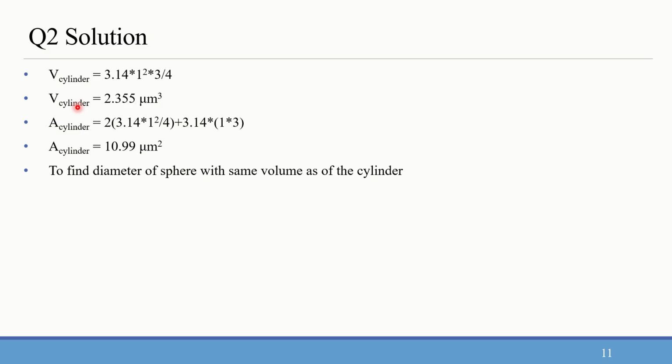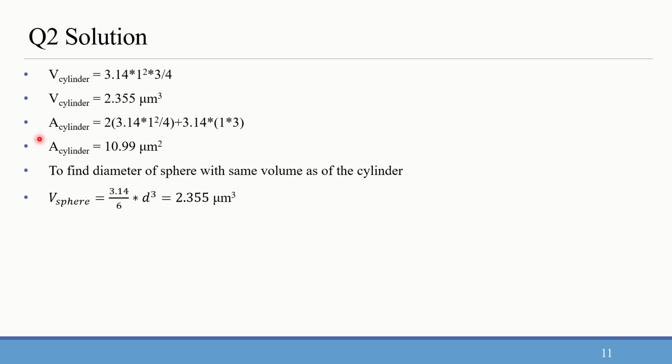So we need to assume the volume of the sphere is equal to the volume of the cylinder. After assuming that, we can get the radius of the sphere. I hope you are understanding. If you are not understanding, please let me know.